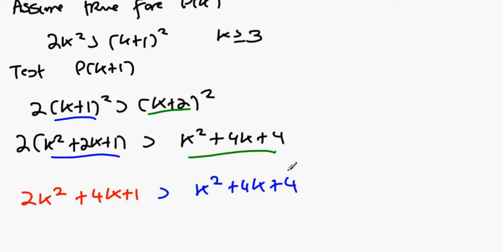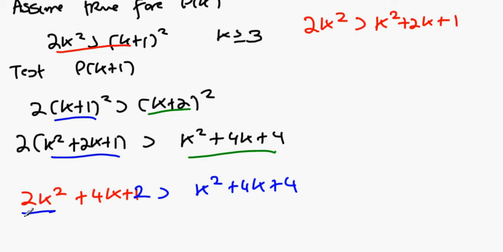Now, what we're going to use next is an intermediate step, and the intermediate step is going to involve using P of k. And that's a plus 2, by the way. So we're going to expand P of k, and what we get is 2k squared is greater than k squared plus 2k plus 1.